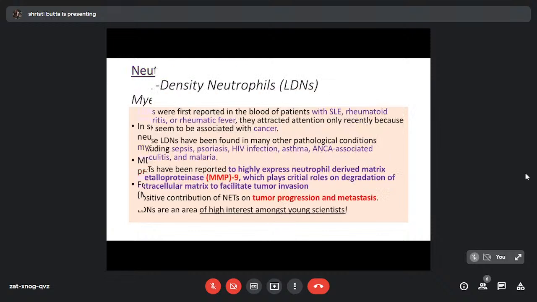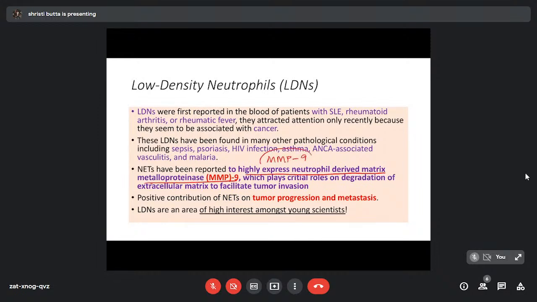We also have another type of neutrophil, which is called the low-density neutrophils. This neutrophil is very important because it has the potential to express neutrophil-derived matrix metalloproteinase, that is MMP9.